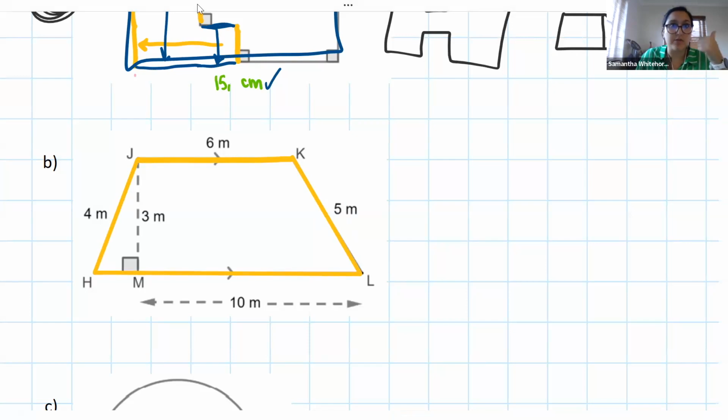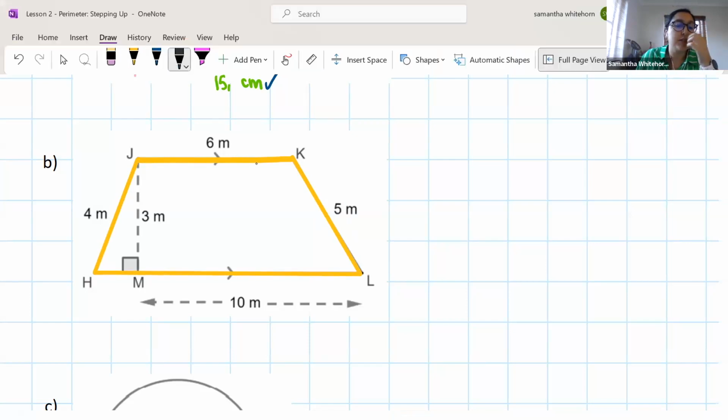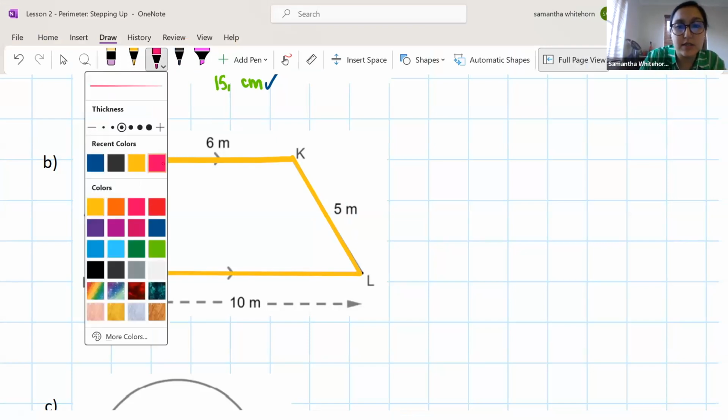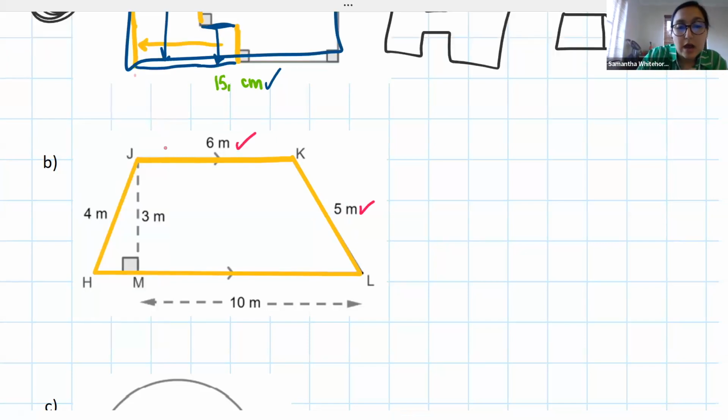First thing, what am I looking for? Second thing, which bits of information do I know? I know the 6 meters, I know the 5 meters. When it comes to this base, we only know the measurement from M to L. That is what the 10 meters is. I have no idea what the length from H to M is. Moving along, I have the 4 meters.